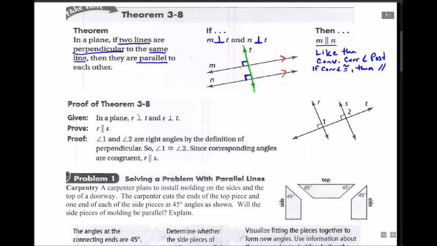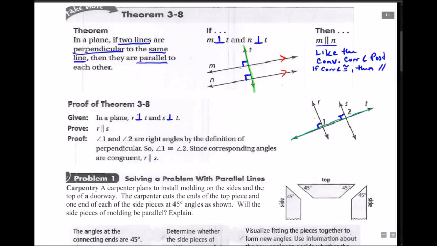We are given that line R is perpendicular to line T, and line S is perpendicular to line T. I see two lines cut by a transversal, so I'm going to mark my transversal. Only how do we prove this if our angles aren't congruent?